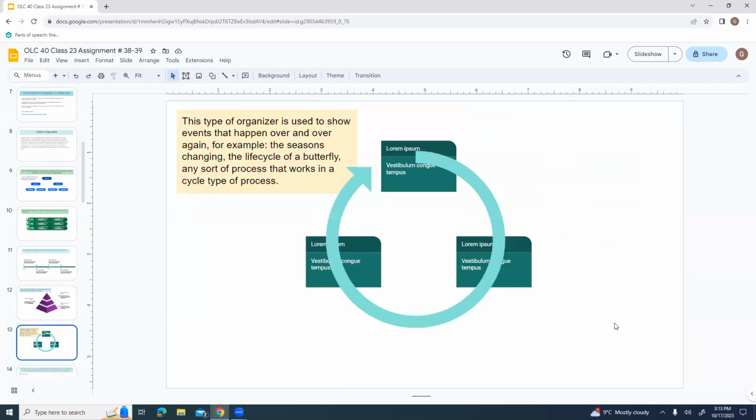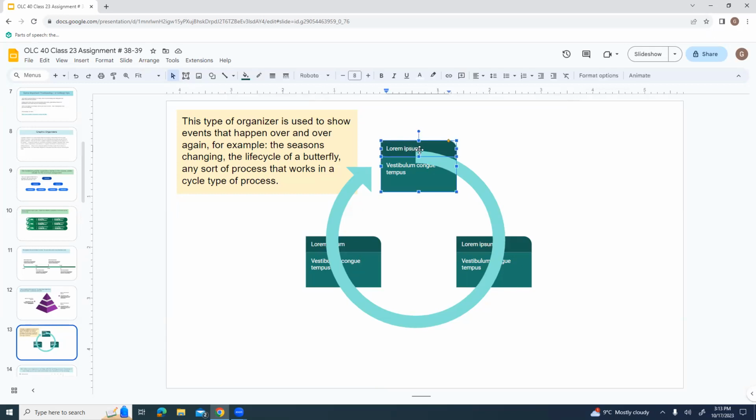This is a type of organizer that's used to show events that happen over and over again. For example, seasons changing, the life cycle of a butterfly, any sort of process that works in a cycle. Sorry. Just so you know, the reason the text looks the same is this is just filler text.